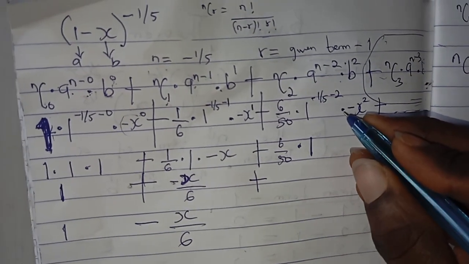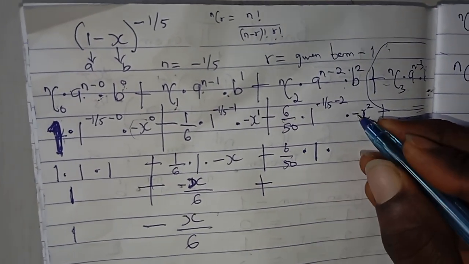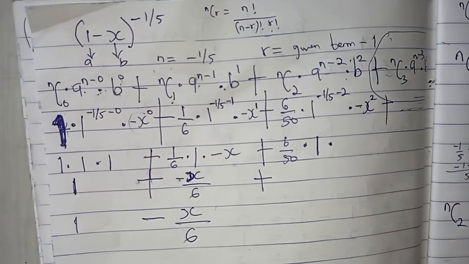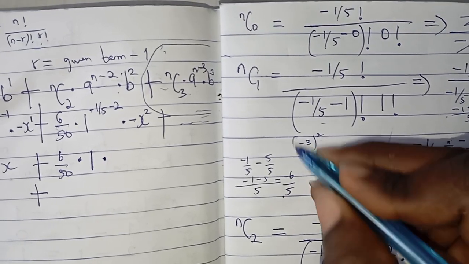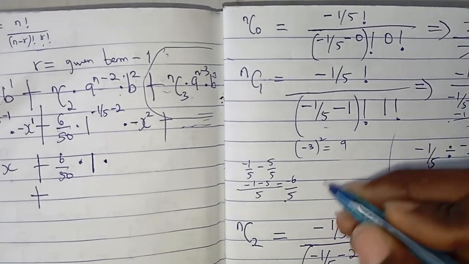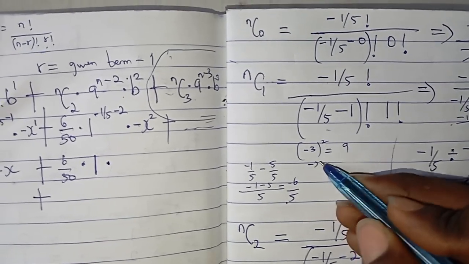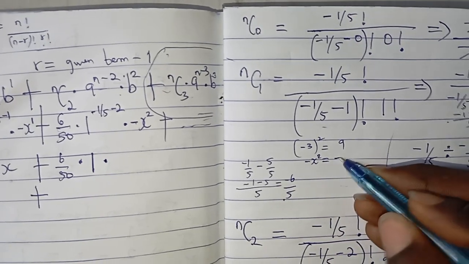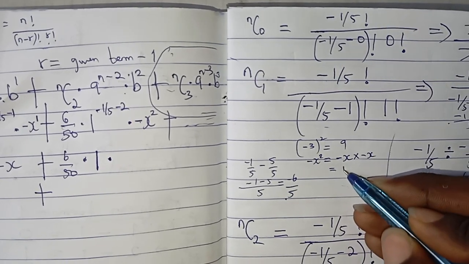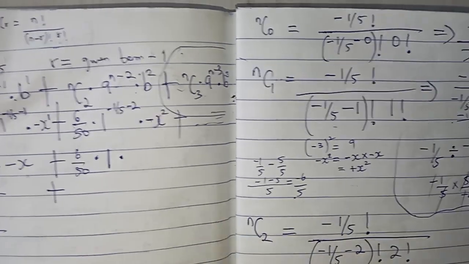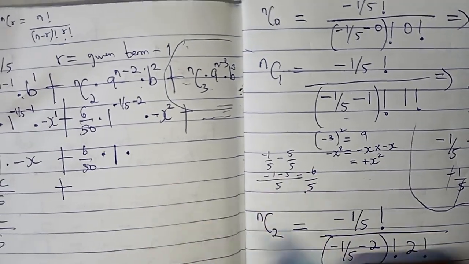Then notice that this is minus x squared. And for example, if I have minus 3 squared, it is the same thing as saying 9 positive. So minus x squared is the same thing as saying minus x times minus x, which is the same thing as saying plus x squared. So you need to always note this.